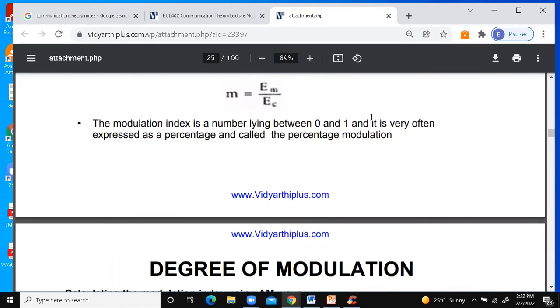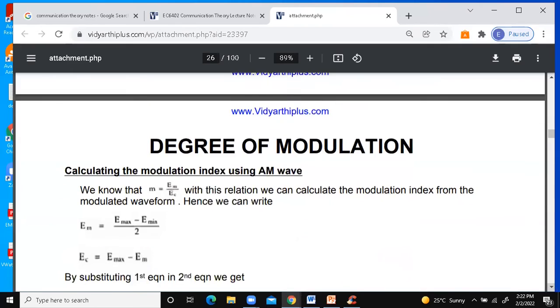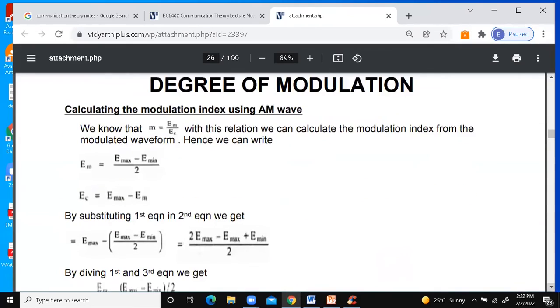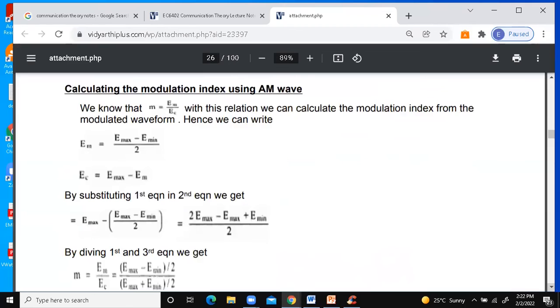So this is the degree of modulation. This development, I think, is straightforward. If you have any question, let me know.